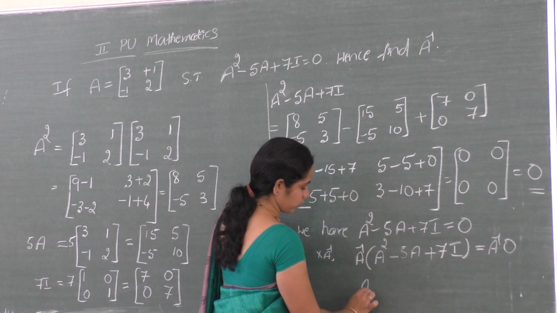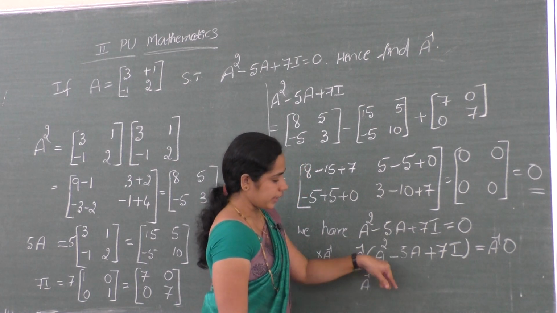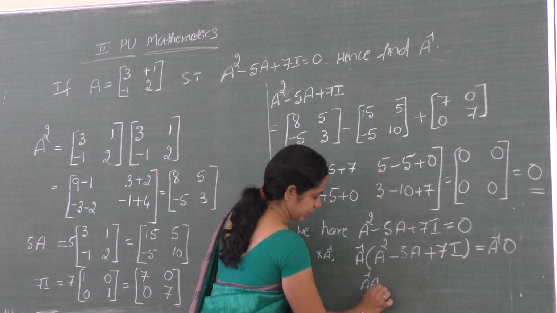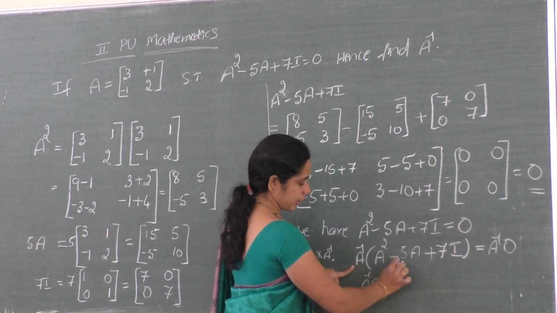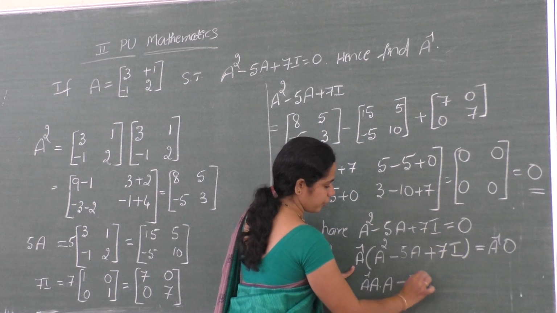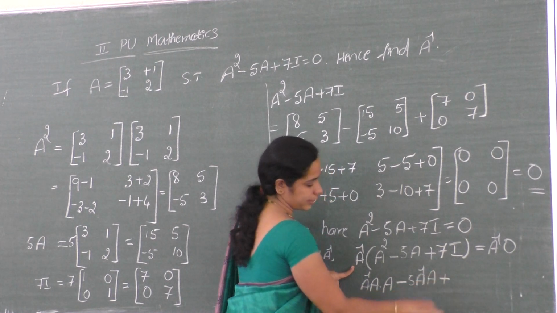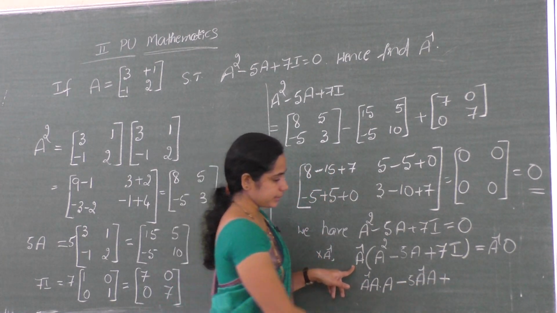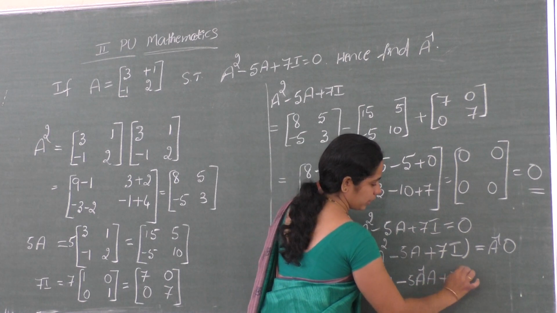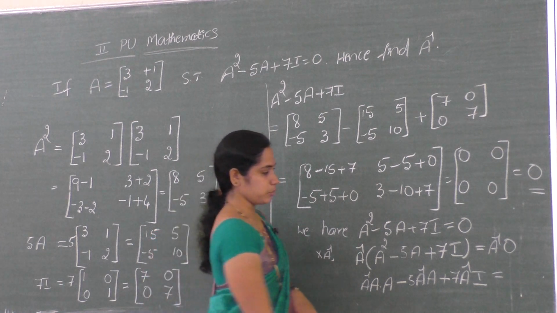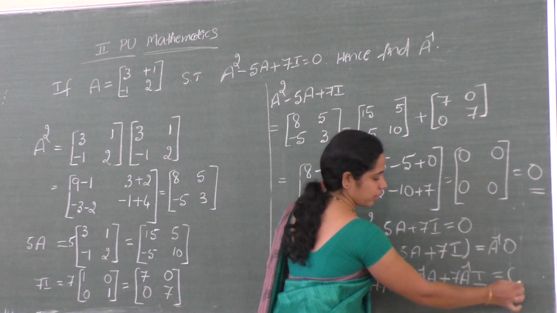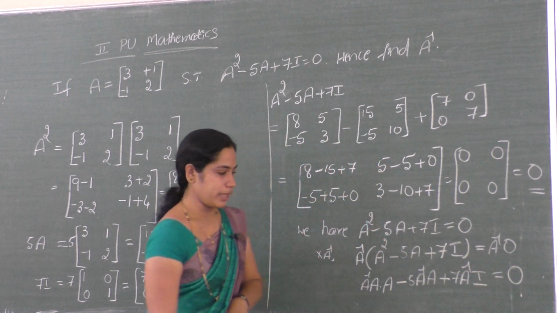What it becomes now? A square can be written as A into A, so A inverse into A into A minus 5 into A inverse into A plus 7 into A inverse into I is equal to 0 matrix into any matrix, that is 0 matrix.